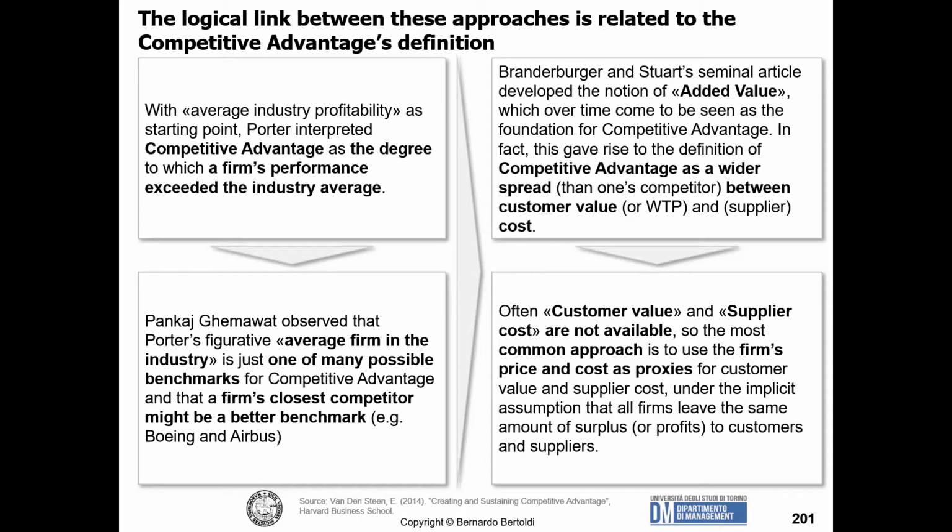So what Porter was basically analyzing was the industry average more than the single company's competitive advantage. The reason why this was happening was because his framework was made to understand the impact of policy-making decisions on average performance in an industry.